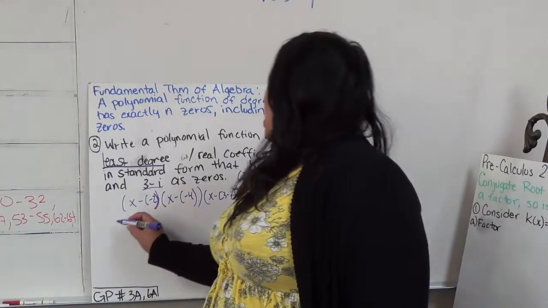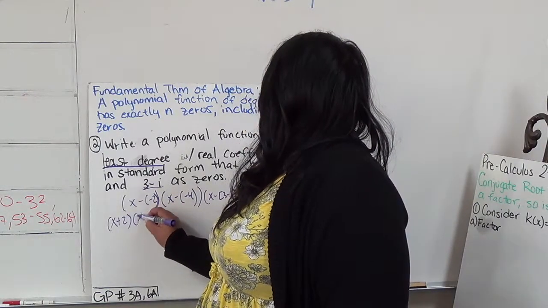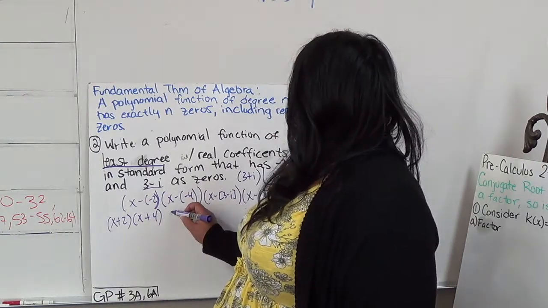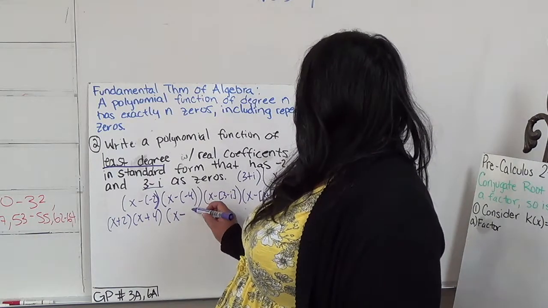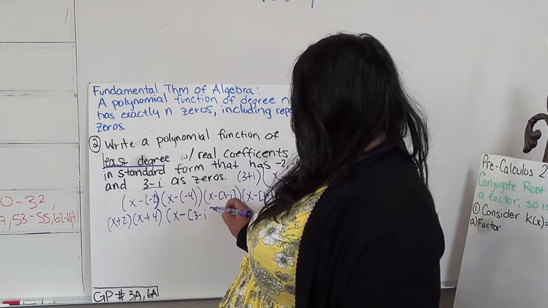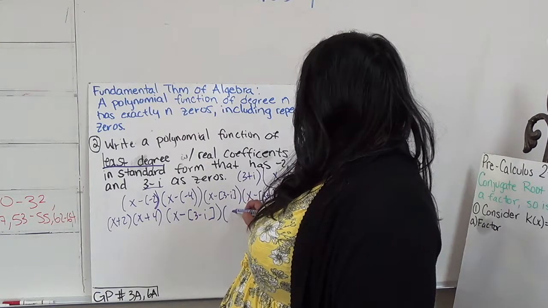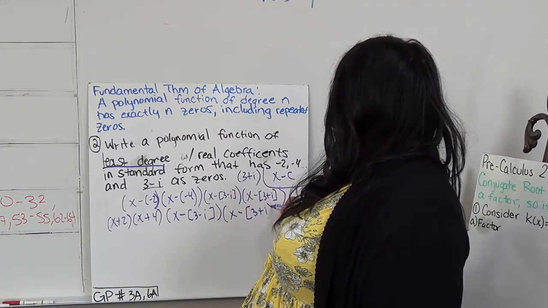And then I can go ahead and multiply x plus 2, x plus 4, and then x minus (3 minus i) and x minus (3 plus i).